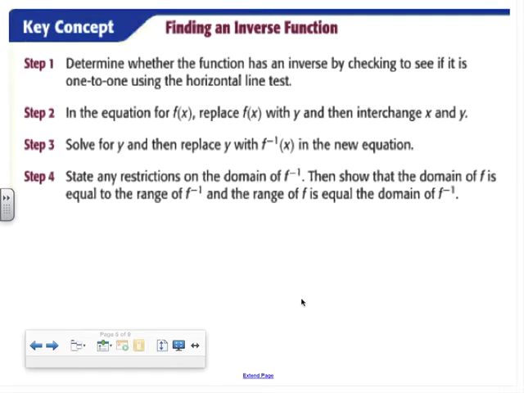And then you'll go back to our function notation and replace y with f to the negative 1 of x. And then we want to make sure that we state any restrictions on the domain of our function. And I'd hope that you'd notice that since we're switching the x's and y's, the domain of one function would be the range of the other.